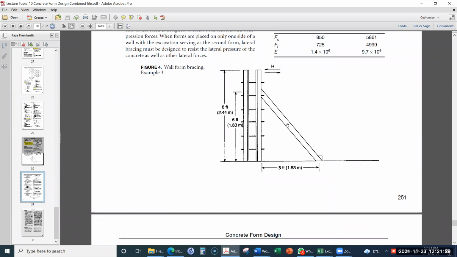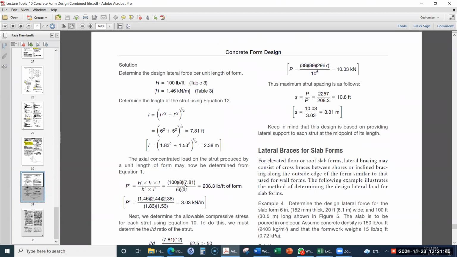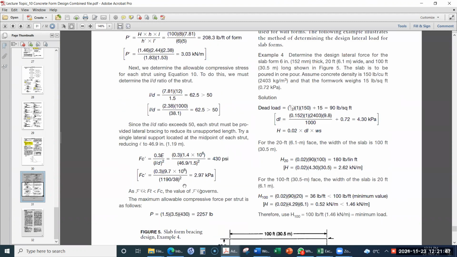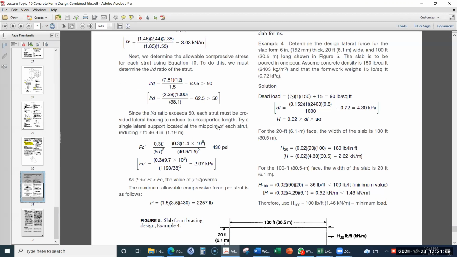Therefore, it will be appropriate that we provide that lateral support at half the length of this strut. This means that its length, for calculation purposes, will reduce from 2.38 meter to half of its length, so it will be 1.19 meter in this case.